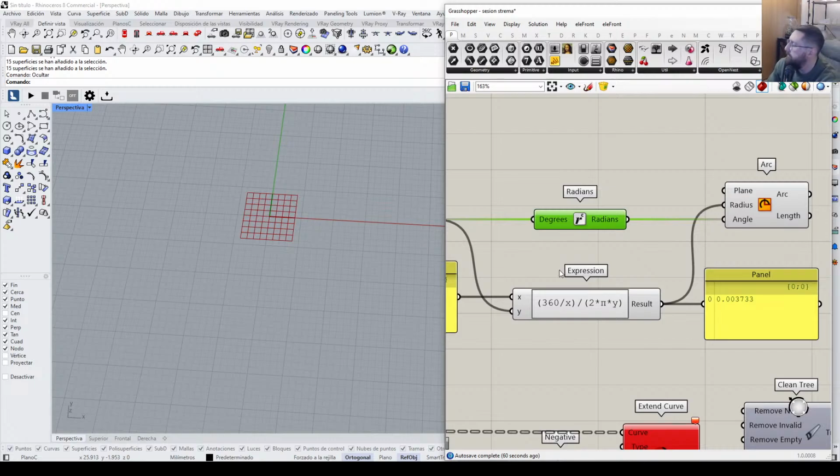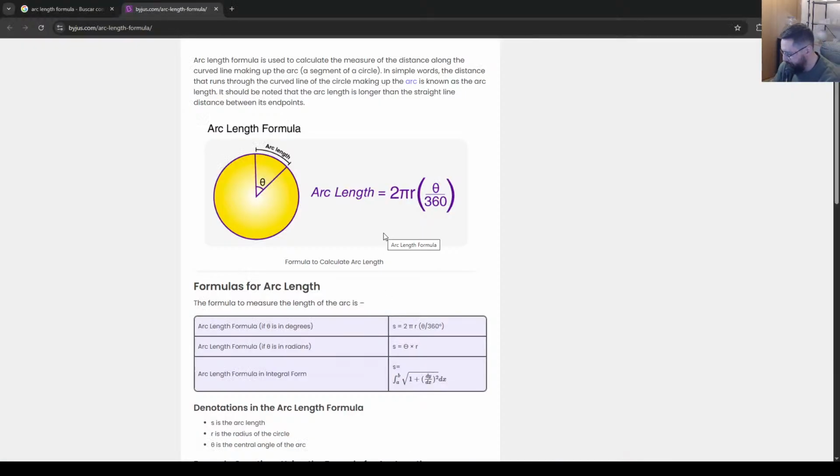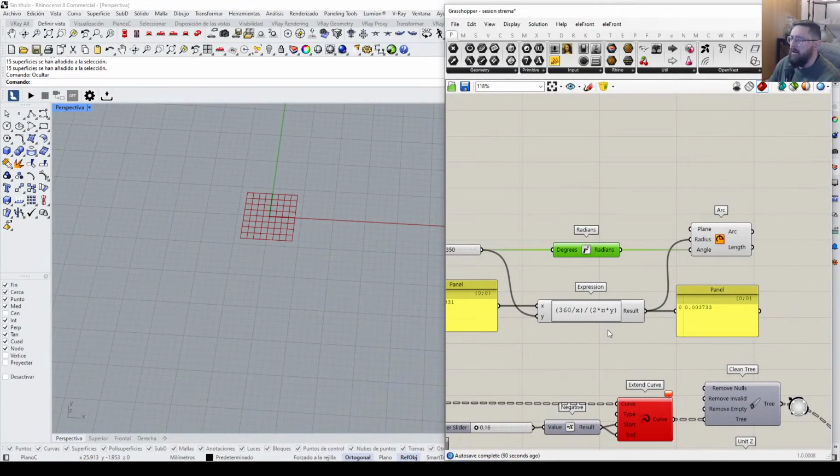One sec, guys. I think I might be wrong. Okay, what's the formula here? Arc length. R equals arc length divided by 2 pi. 360 is currently divided, past multiplying. So 360 divided by whatever. Why is it not working?